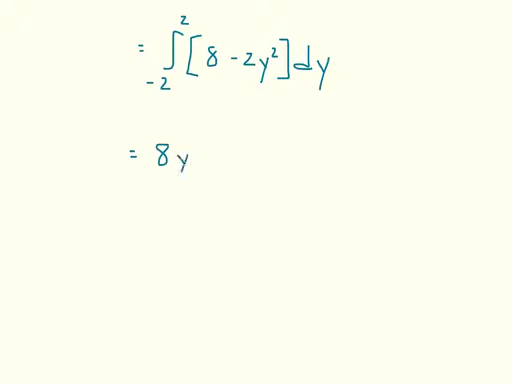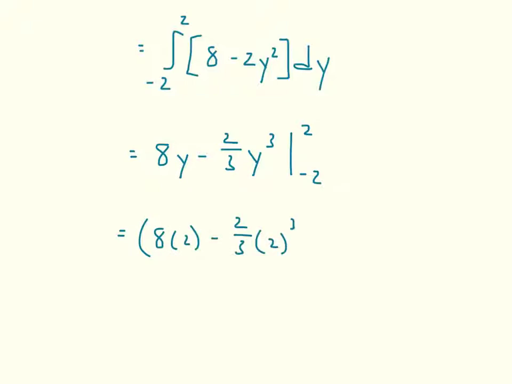We're going to get 8y minus 2/3 y cubed. We're plugging in -2 and 2. So what does that give us? That gives us 8 times 2 minus 2/3 times 2 cubed, minus 8 times -2 minus 2/3 times -2 cubed.